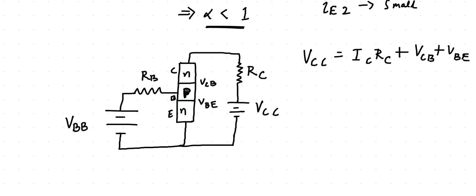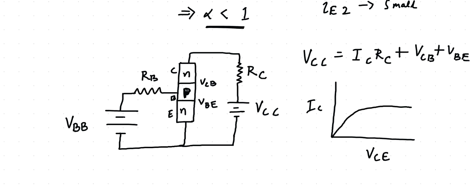If you plot a graph between VCE versus IC, the collector emitter voltage and the collector current, then for forward active mode you will see graphs like this.